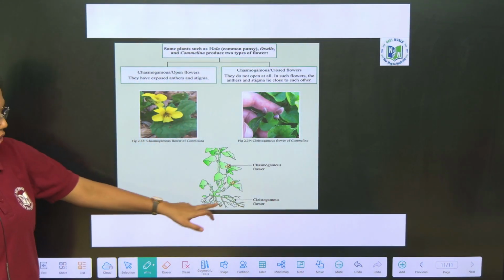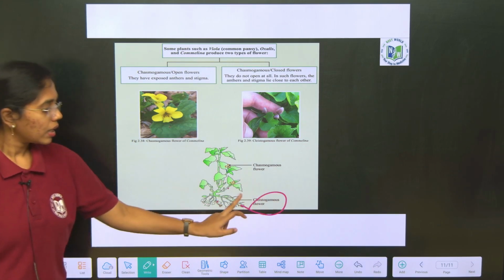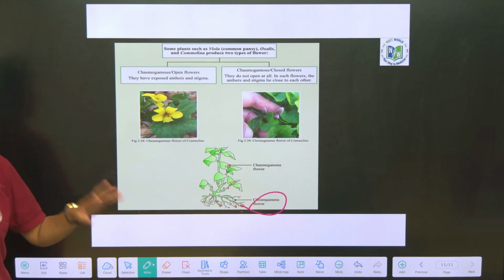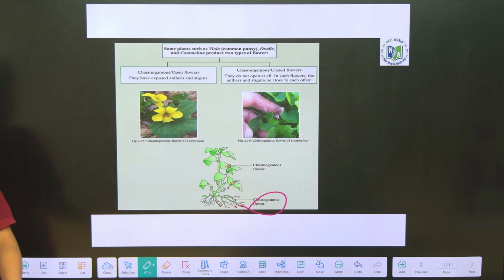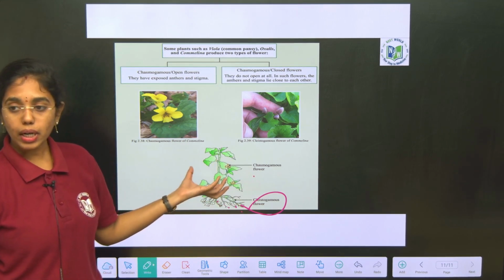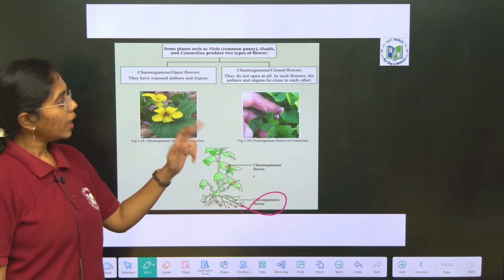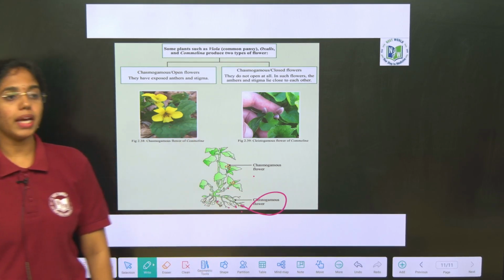At the base region, cleistogamous flowers are there. These cleistogamous flowers will never open and they will conduct only autogamy. But chasmogamous flowers which are above, they will conduct both autogamy and geitonogamy. The flowers are open here.